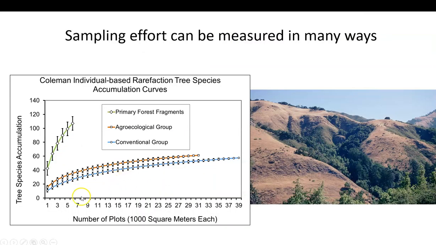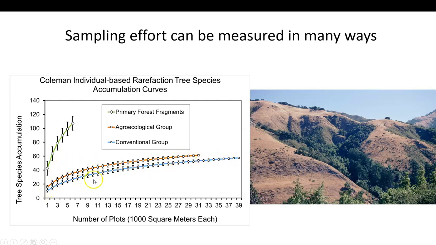So as mentioned, the more you sample, the more you find. And what generally happens is that usually the more you sample, you will eventually start to reach a plateau in terms of the number of species that you are quantifying. Here's an example of a fairly low biodiversity system, an agricultural setting.